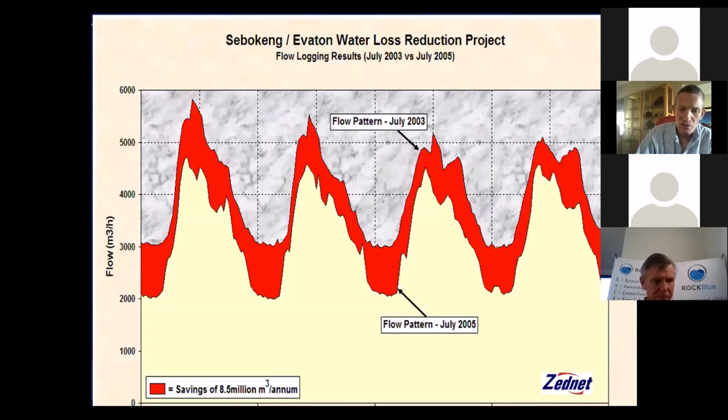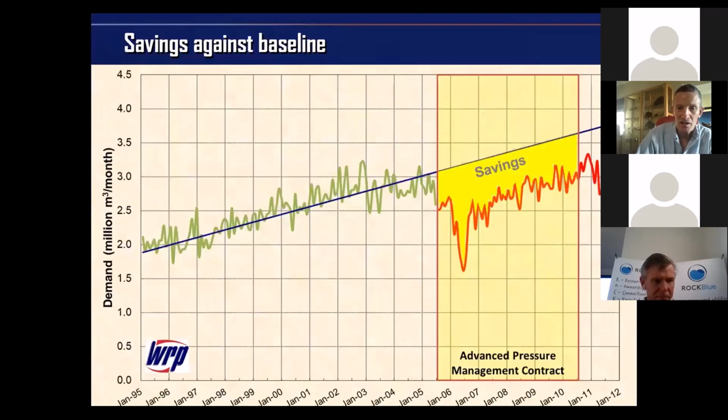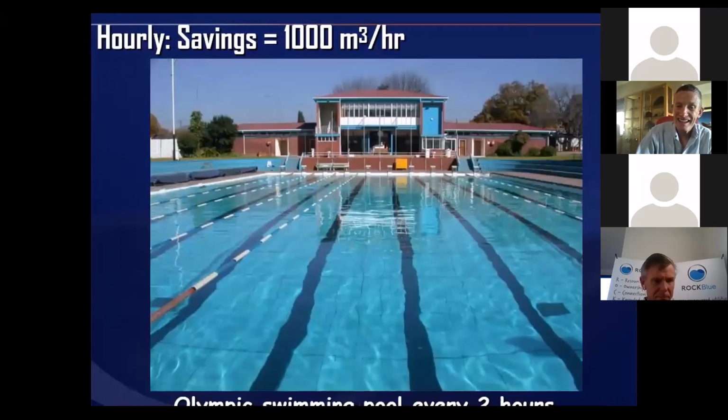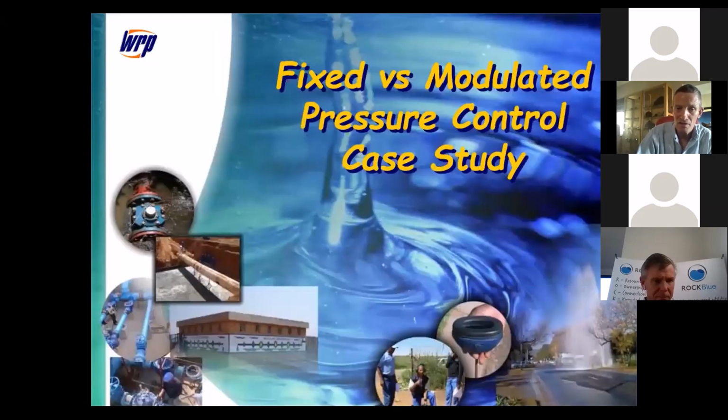The savings were about 8.5 million cubes per annum, which again is a small lake. There's the savings there, that shows the savings. And in rands or dollar terms, over 5 years, the savings came to about $20 million, or 152 million rands. The savings again were in the order of 1,000 cubes per hour, which is an Olympic-sized swimming pool every 2 hours.